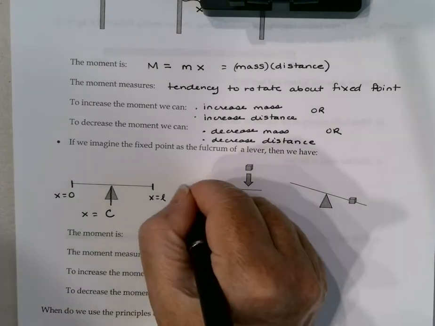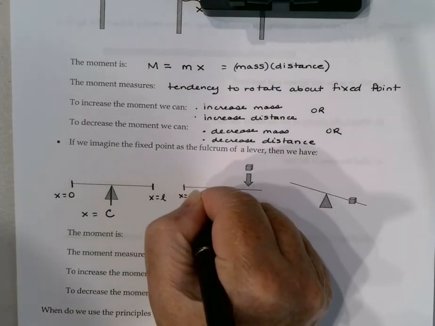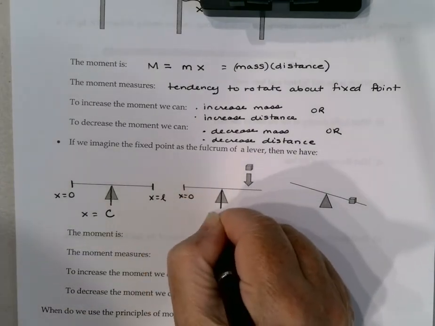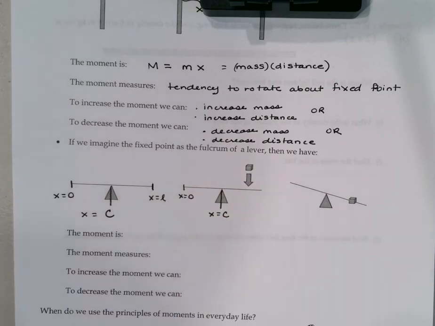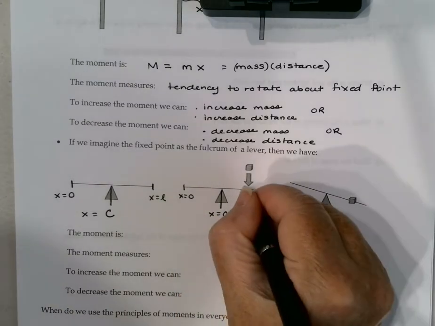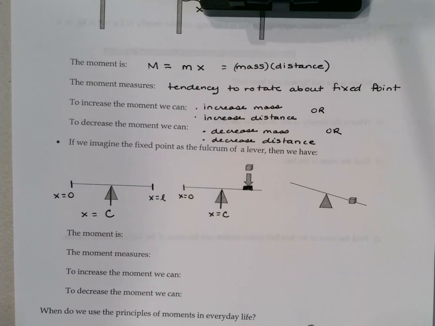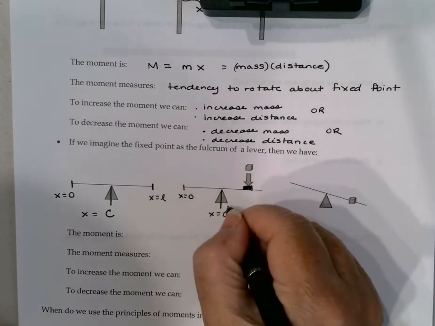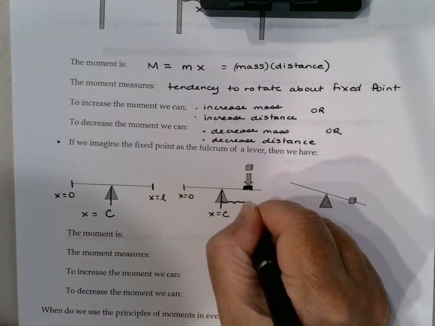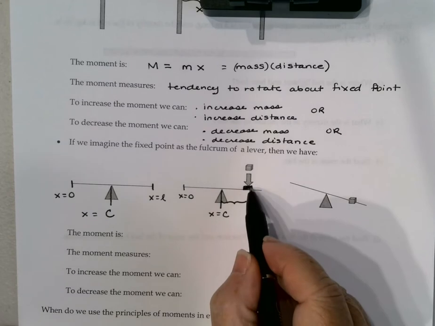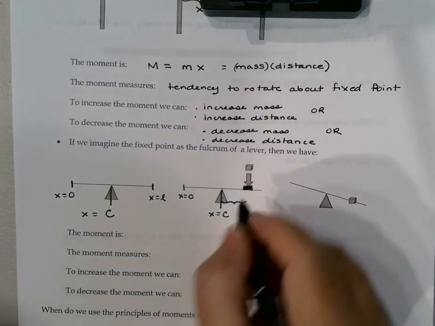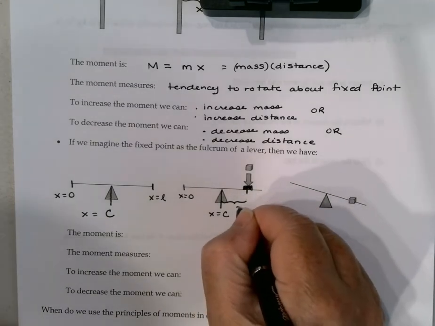If we, once again, start at x equals 0, our fulcrum is at this point x equals a constant, and now we apply a mass at some particular distance from the fixed point, then the distance from the mass to the fixed point is actually going to be x minus c.